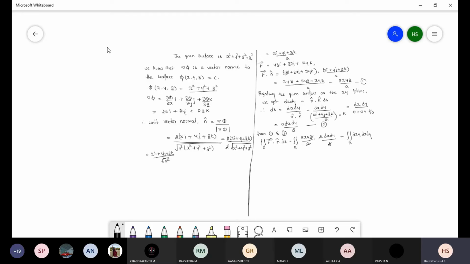Double integration over the region of 3xy dx dy. Now continuation.